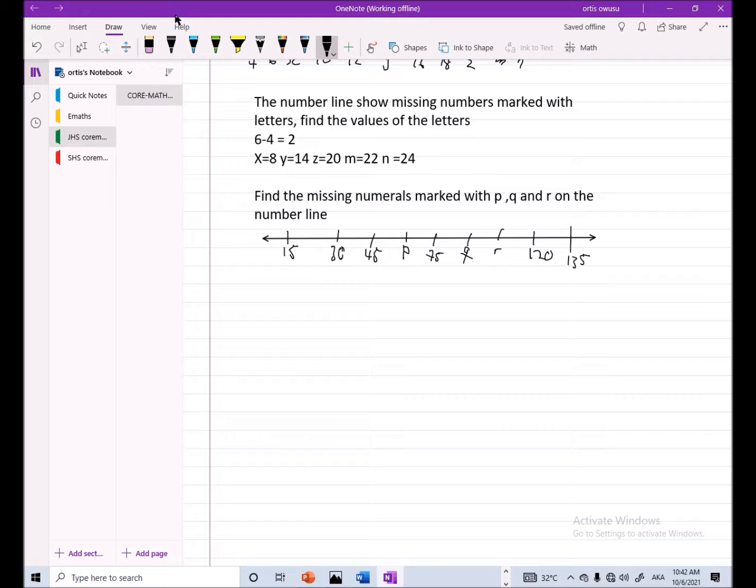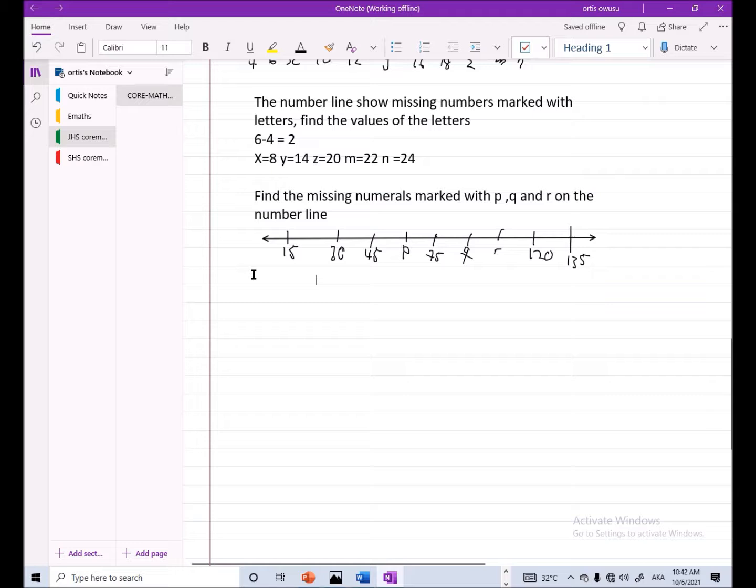So how do we do it? Okay, you know how we do it, right? Before we do it, we need to find the range.